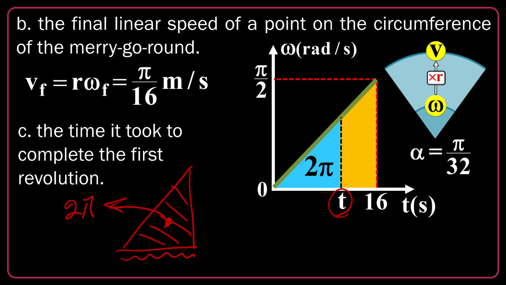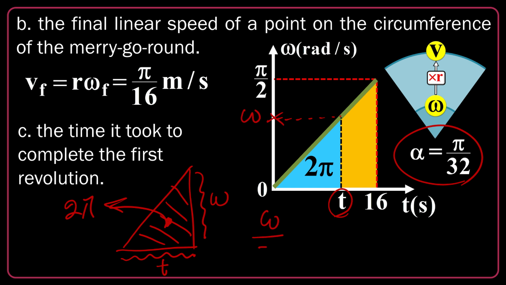Okay, it's very easy. You know that alpha is the slope of this graph. So alpha is supposed to be vertical divided by horizontal. Let's say horizontal is t. Vertical is omega. There is a value of omega like this, and omega divided by t, vertical divided by horizontal, is supposed to be pi over 32, the slope.